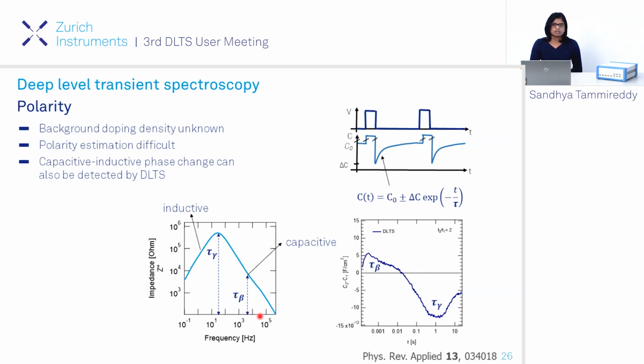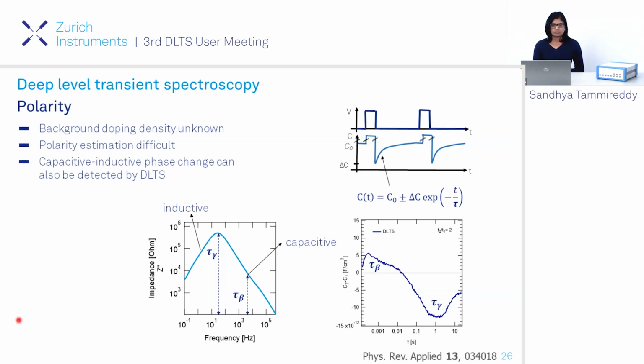In general, an increasing trend in the impedance spectra as you decrease the frequency is considered a capacitive response. In a similar way, a decreasing trend in impedance as a function of decreasing frequency is considered an inductive response.